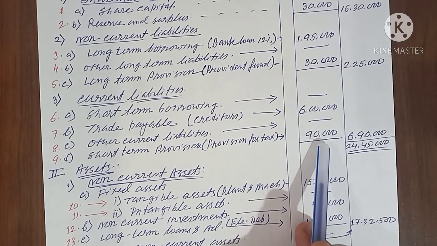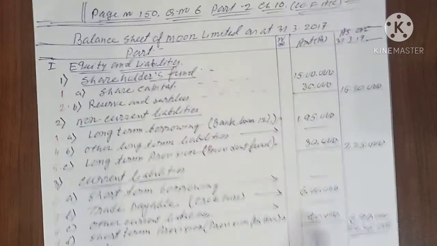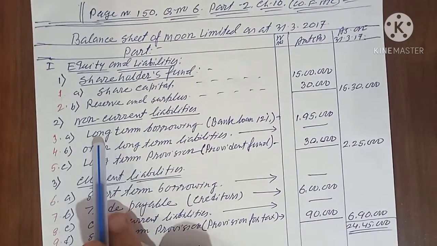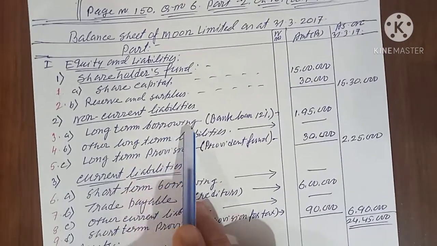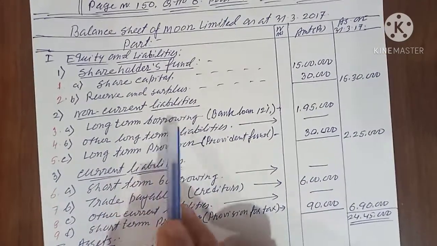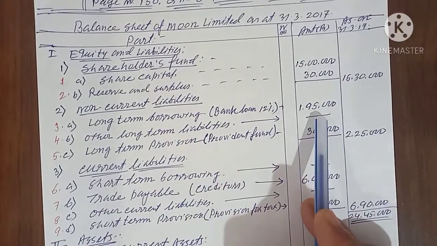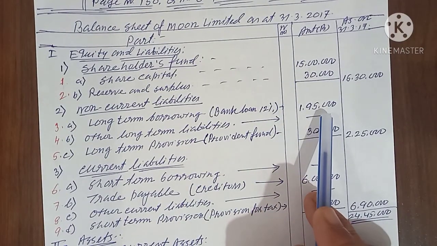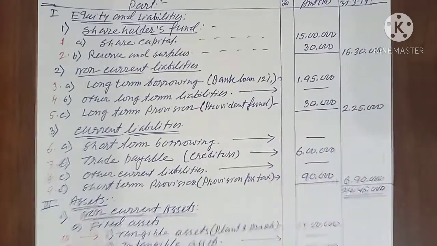This is here. Next is 12% bank loan of rupees 1,95,000. The loan you have taken, long term borrowing, long term loan. That is bank loan 12%. This is 1,95,000. Next is coming non-current investment of rupees 45,000.